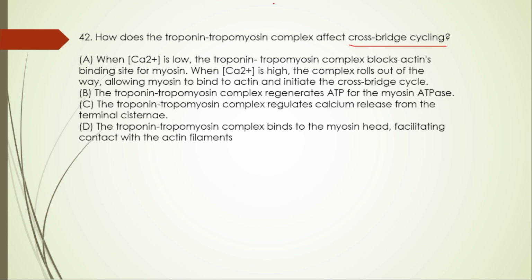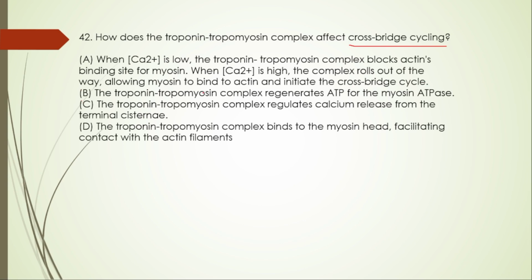A. When calcium ion is low, the troponin-tropomyosin complex blocks the actin's binding site for myosin. When calcium ion is high, the complex rolls out of the way, allowing myosin to bind to actin and initiates the cross-bridge cycle.